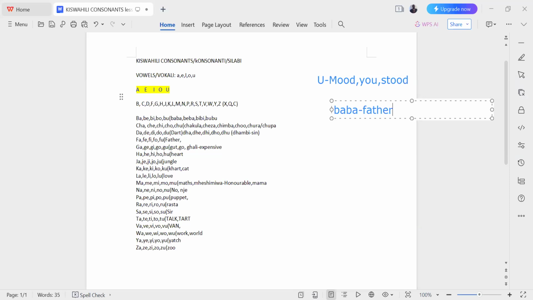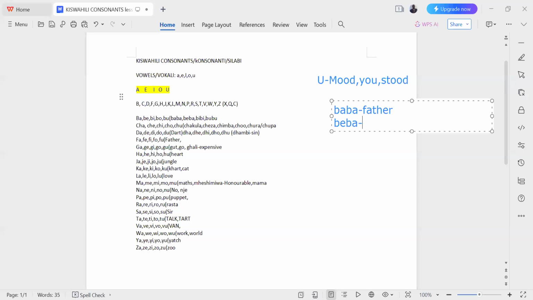Now, if you go to the second syllable, for example, we have be. In Swahili, we don't have a word be. But you can put be and the first ba together to form a word called beba.